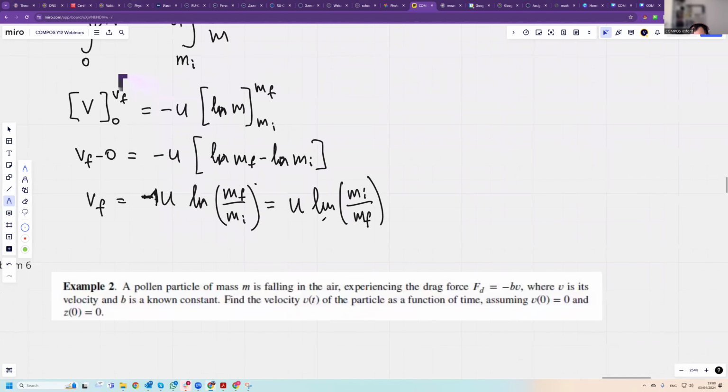And that's a brilliantly simple equation. The final velocity of a rocket is the speed of the gases multiplied by the logarithm of the initial mass divided by the final mass.